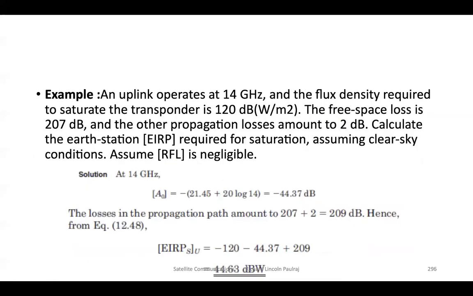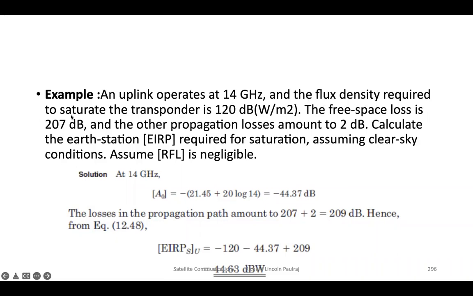Fine. So take down this example where the uplink operates at 14 gigahertz. 12 is the downlink and 14 is the uplink, so directly in the question we are seeing 14 gigahertz, which means this is referring to the uplink.